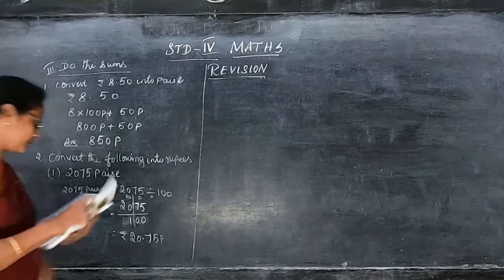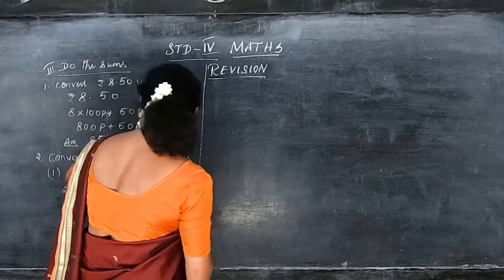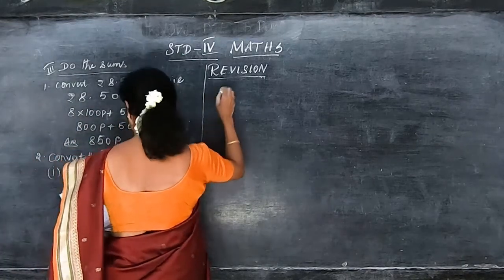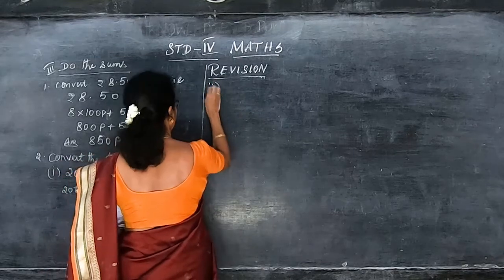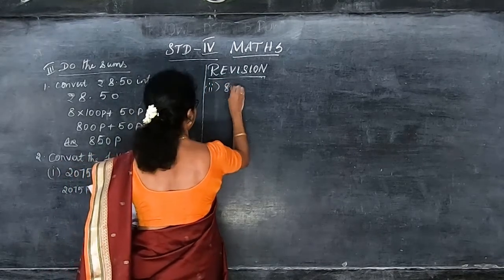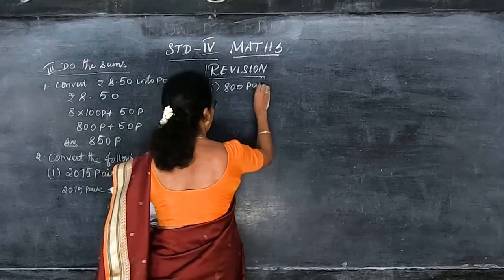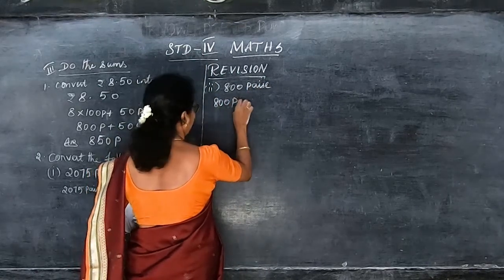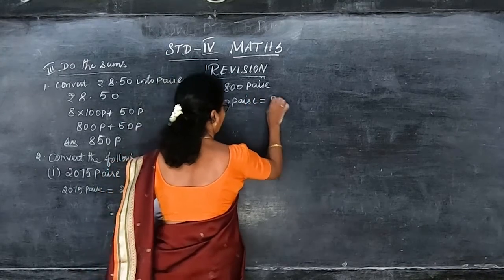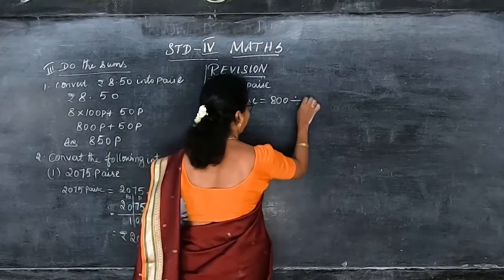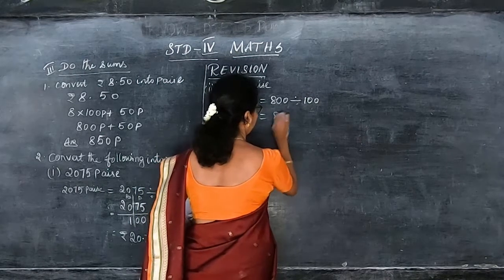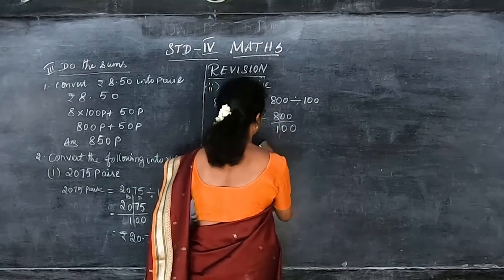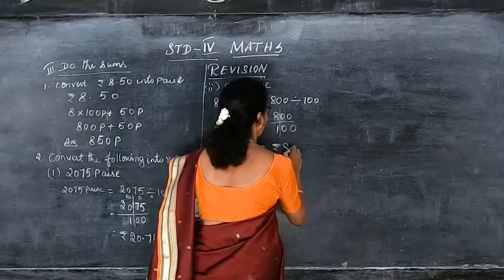Can you understand? And then the second sum, the B sum. In this second sum I gave 800 paise. Even though I give the sum above, you do it again: 800 paise is equal to 800 divided by 100. So 2 zeros for 2 digits, the answer is rupees 8.